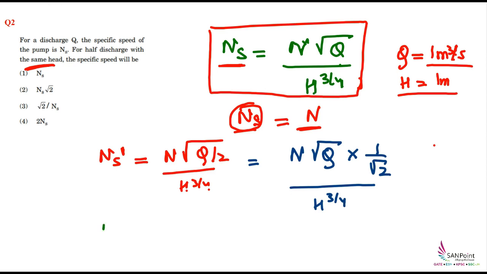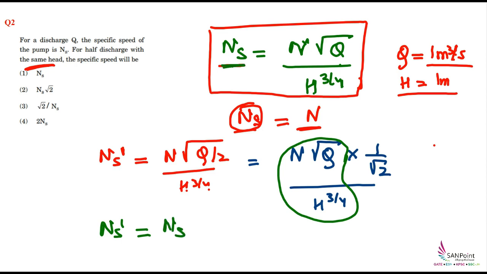The next step: Ns dash is equal to, now this part which we have encircled here is the same as the Ns which was initially present. So the initial Ns has to be multiplied by 1 by root 2. So the new specific speed of the pump is equal to Ns divided by root 2.